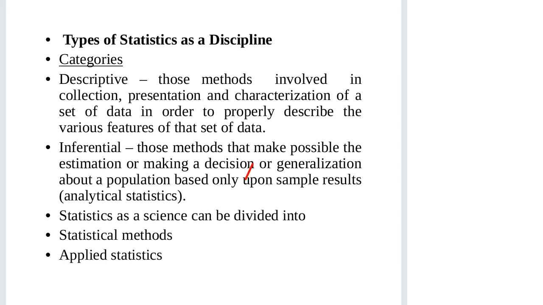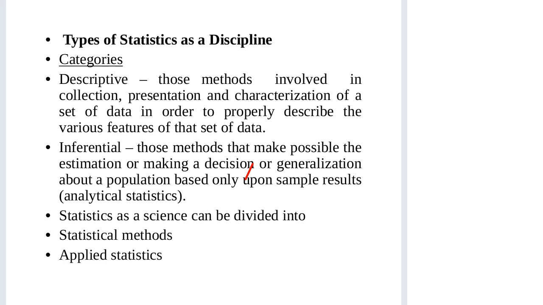We also have inferential statistics. Inferential statistics is simply a method that makes possible the estimation or making a decision or generalization about a population based upon a sample results.